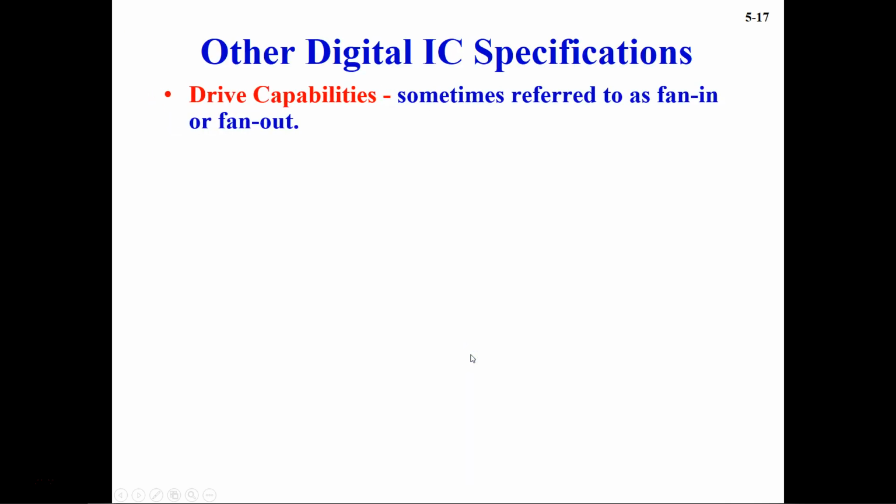Now other digital IC specifications we're going to see. So we have drive capabilities. This is sometimes referred to as fan in or fan out. If you see a bipolar transistor, it has maximum wattage and collector current ratings.